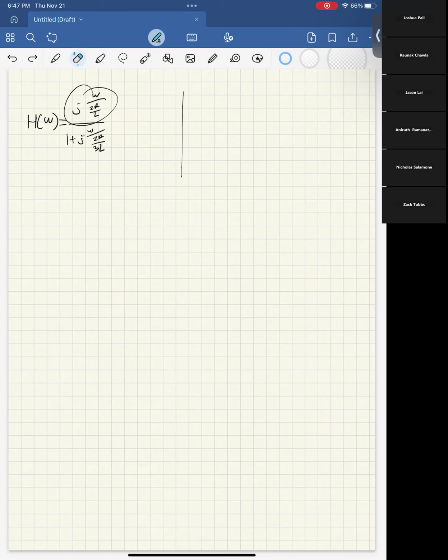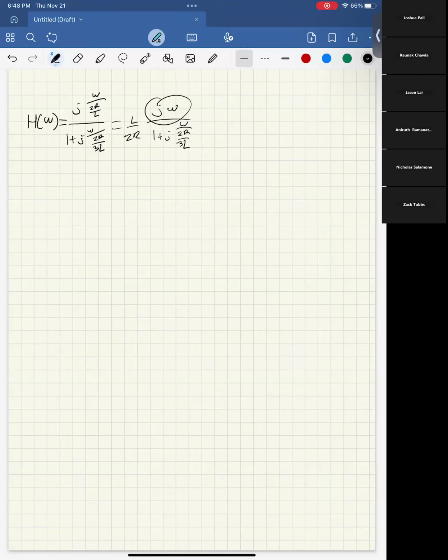Okay, so I actually wrote this in standard form incorrectly. My bad. The proper standard form for this would be L over 2R j omega over 1 plus j omega over 2R over 3L.